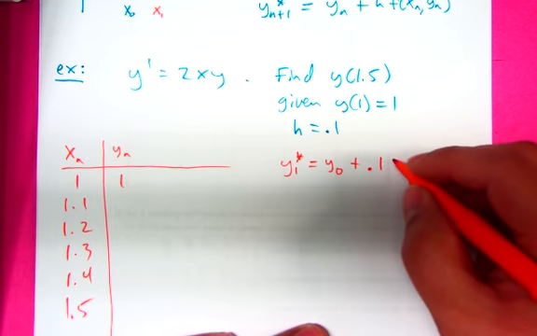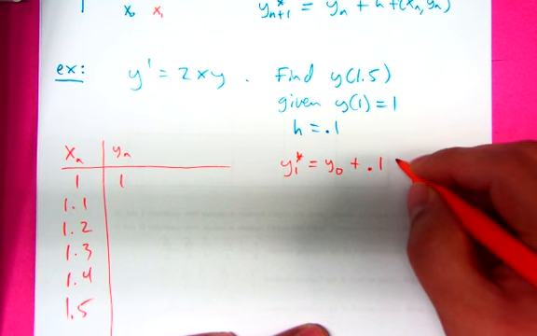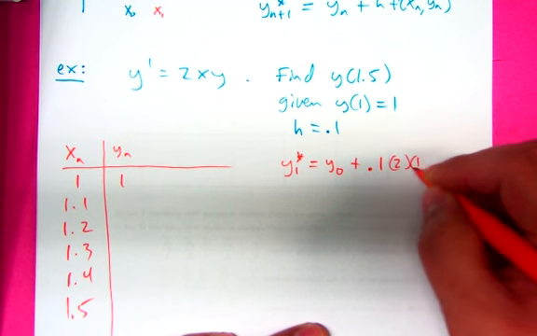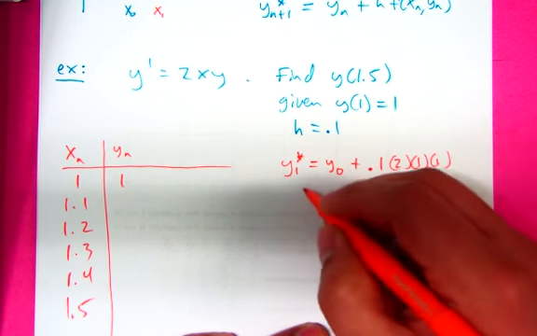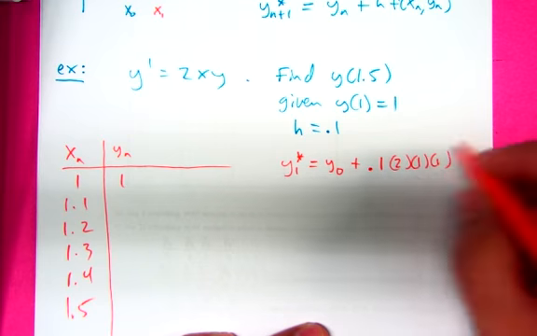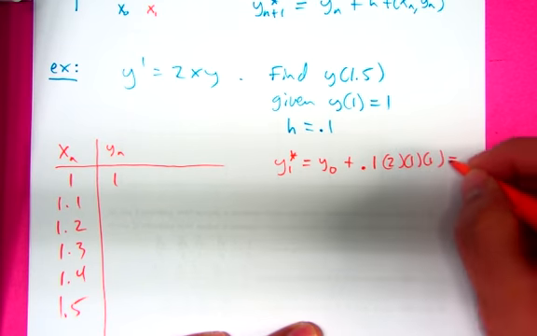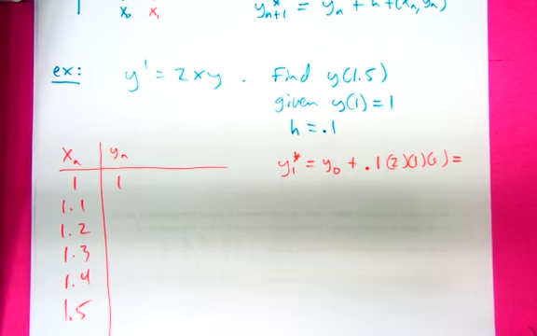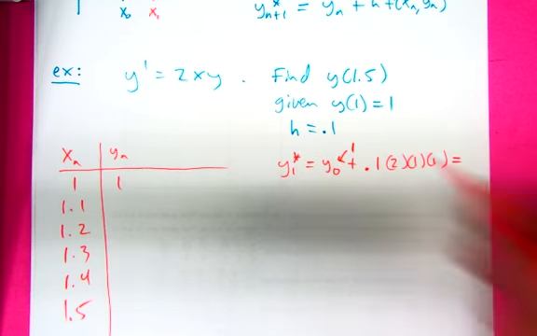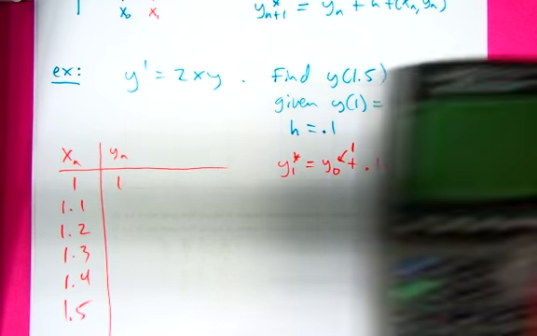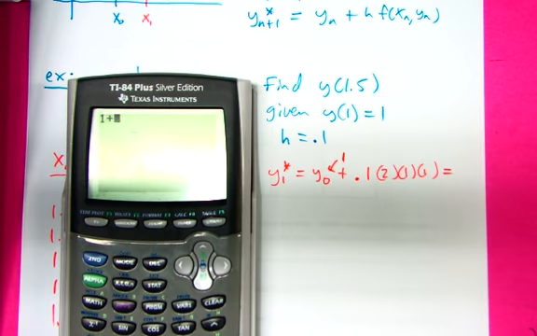So 0.1 times 2 times 1 times 1. We get that y1 star is, and by the way, this is 1, so 1 plus 0.1 times 2, 1.2.